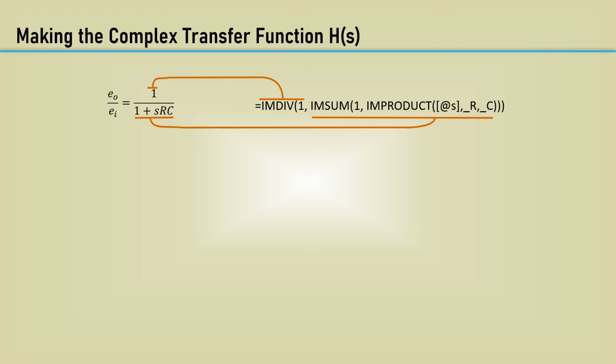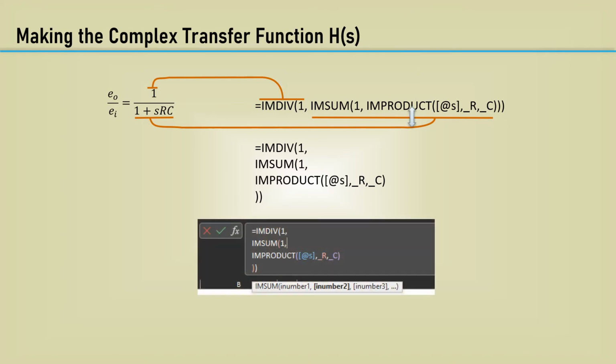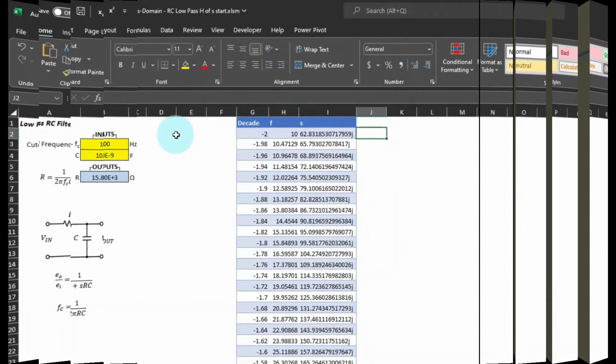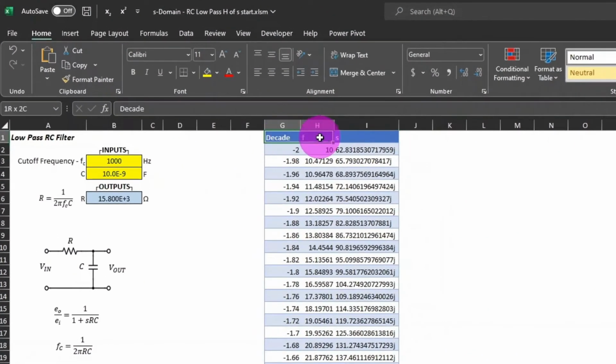As these expressions get more complex, it's helpful to wrap the text in places that make it clearer to read. This can be accomplished by enlarging the height of the formula bar and pressing Alt-Enter. Let's go do this in Excel. Now we'll put in our transfer function. I'm going to start off with centering these column headers.